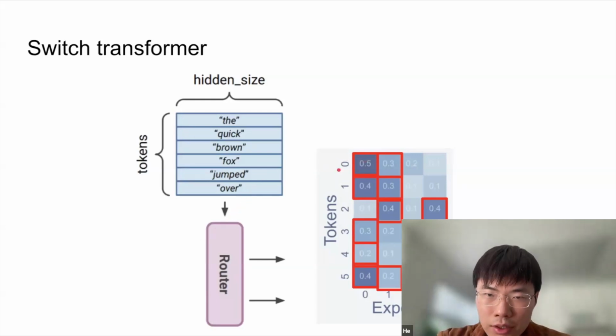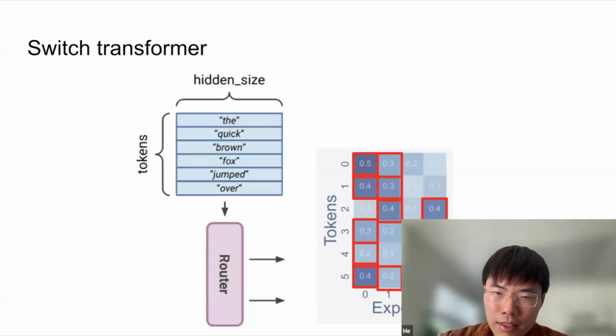Yeah. So for each token, it's balanced. Each token is getting assigned to experts. But if you look at the experts, if you look at these axes, expert one and zero have a lot of tokens, but two has no tokens at all.